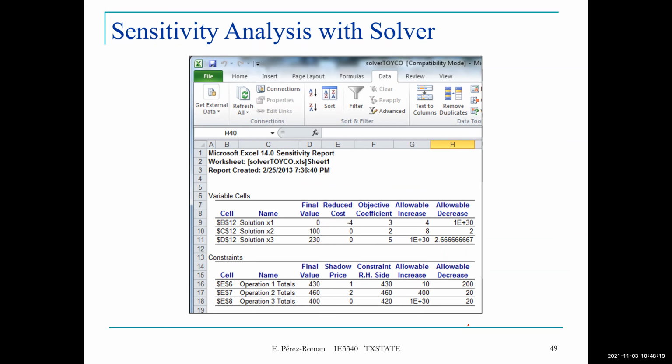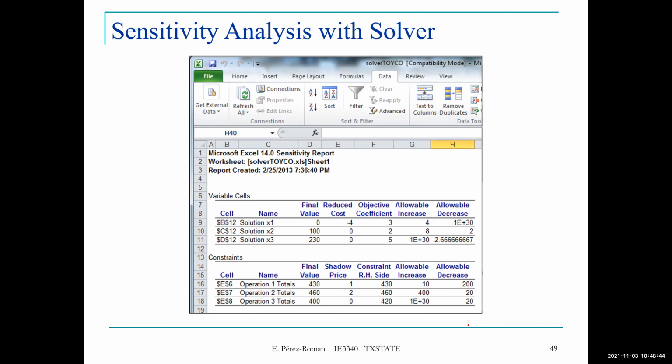Okay, so for example, the reduced costs are listed here, and this is the analysis for the objective function. So at the top is for changes in the objective function. So reduced cost is -4, so that's why you have a value of 0. The objective coefficient is the original objective function coefficient.